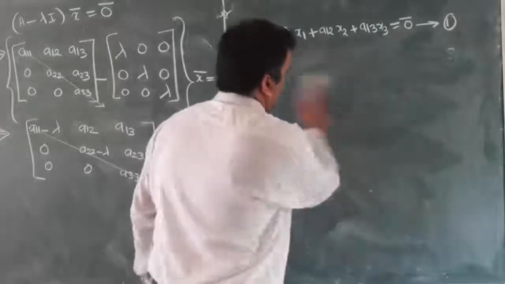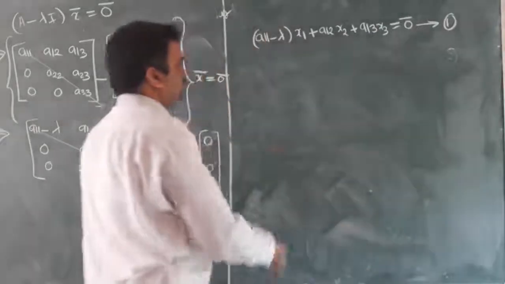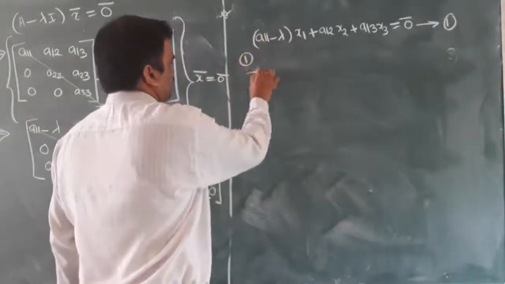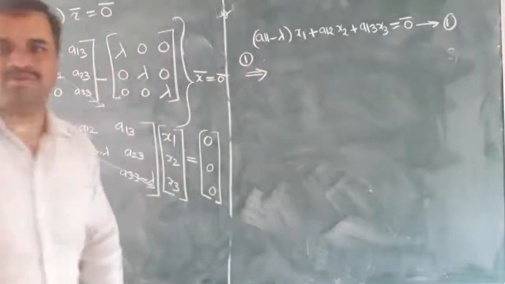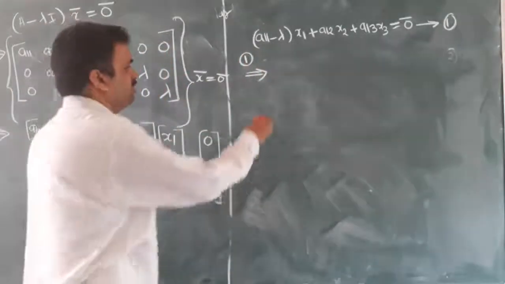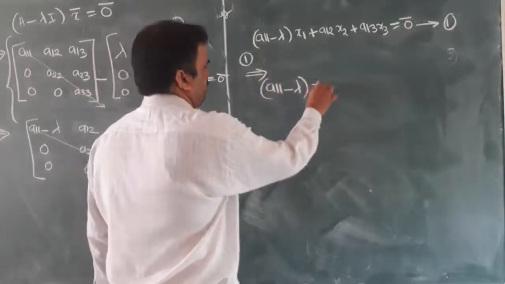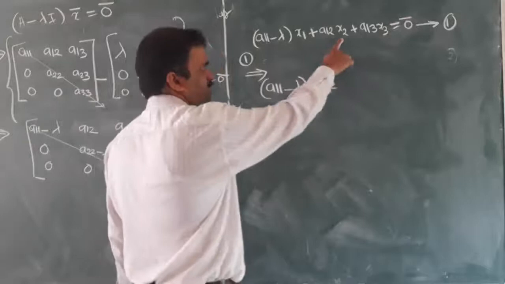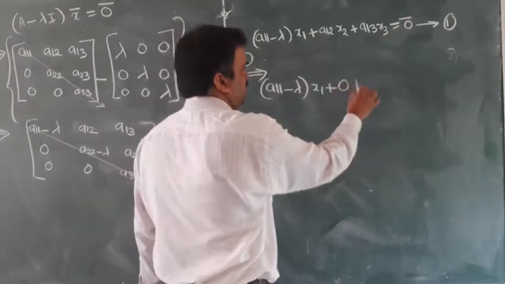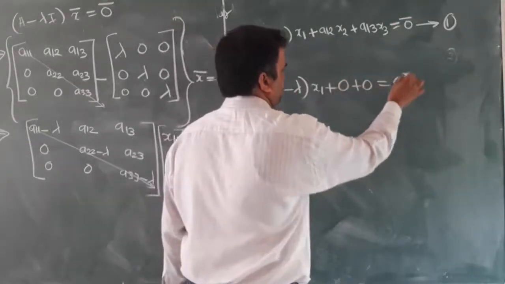Therefore, equation 1 implies (a11 minus lambda) x1. Already we have x2 value 0 and x3 value 0, so the rest is equal to 0.